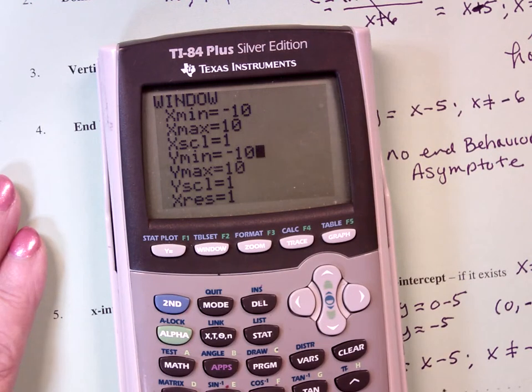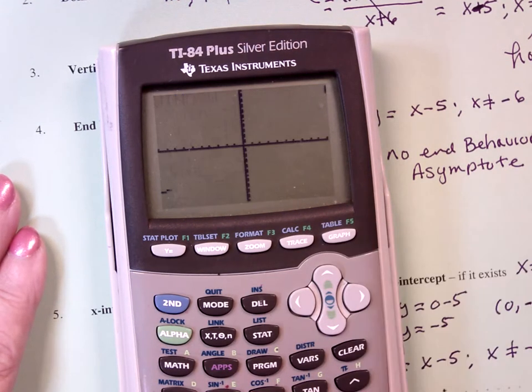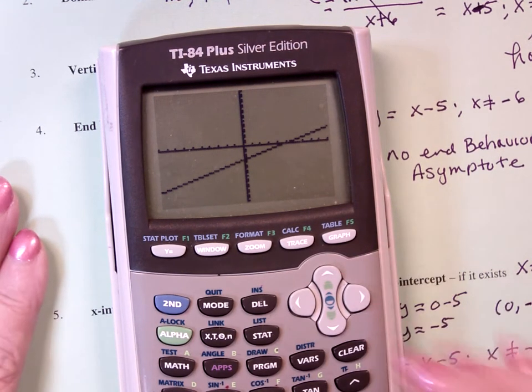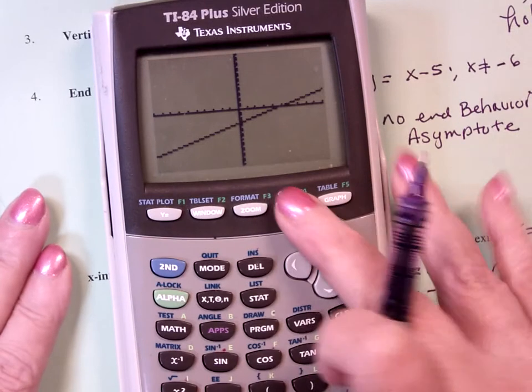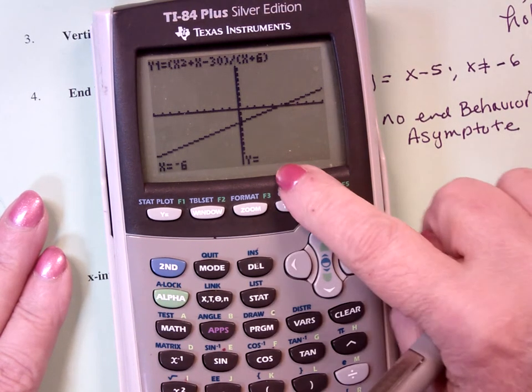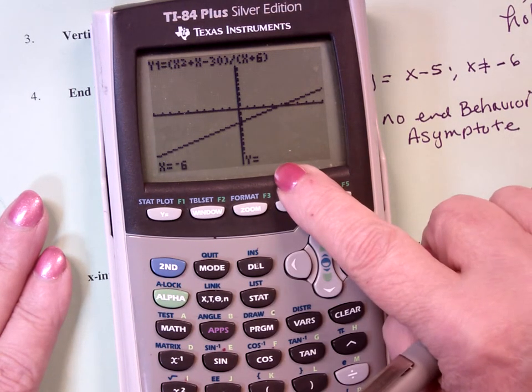Let me double the Y's and see if we can pick it up. If I were to evaluate at x equal negative 6, notice there's no y value there. That's because there's a hole in the graph.